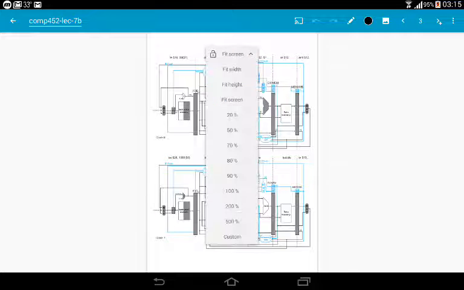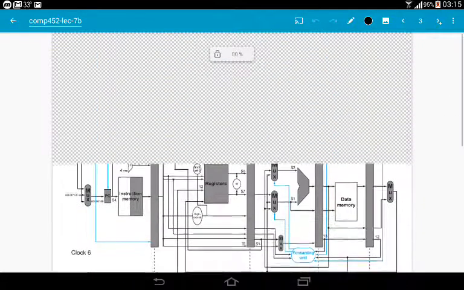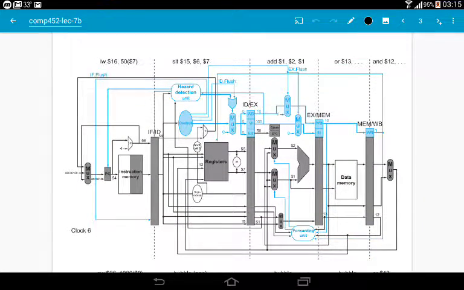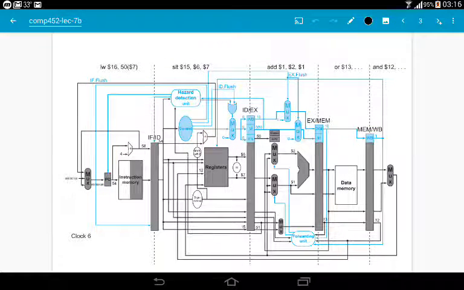This is the add instruction which we are assuming will cause an arithmetic overflow, and this is clock 6.